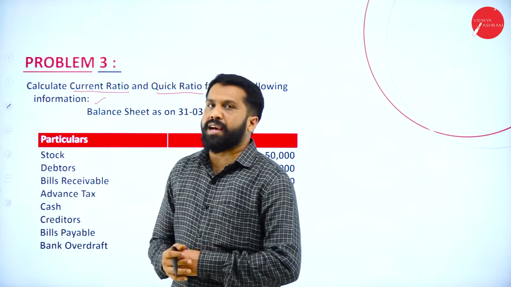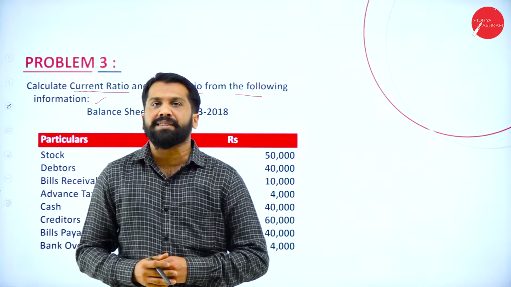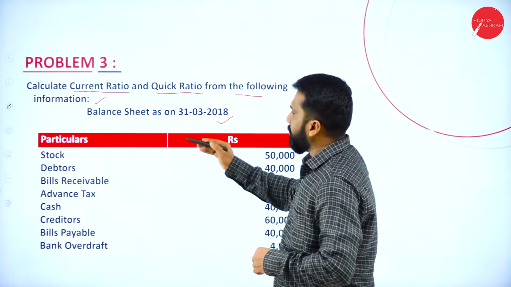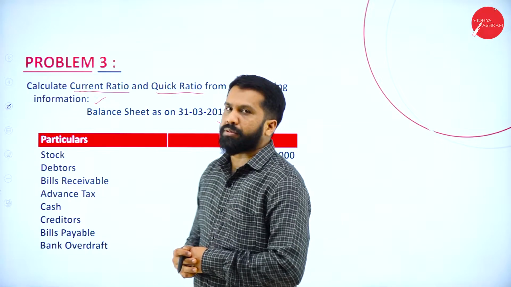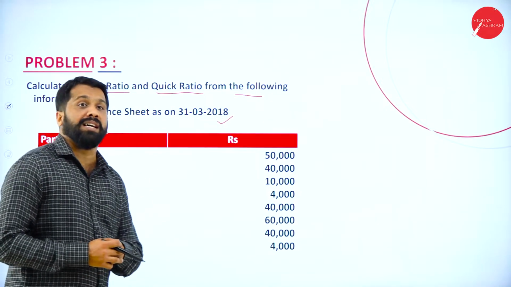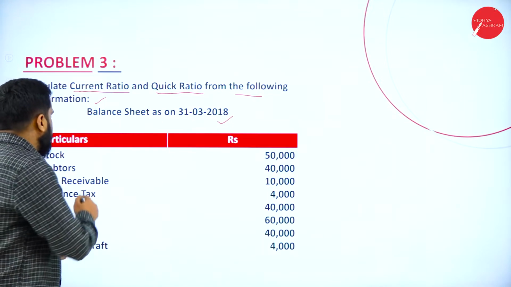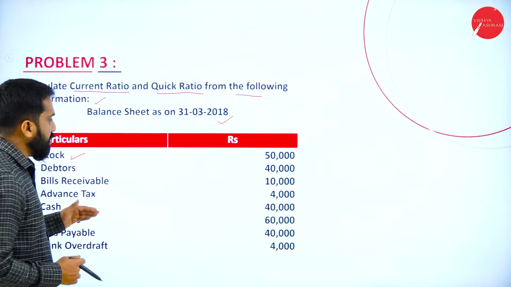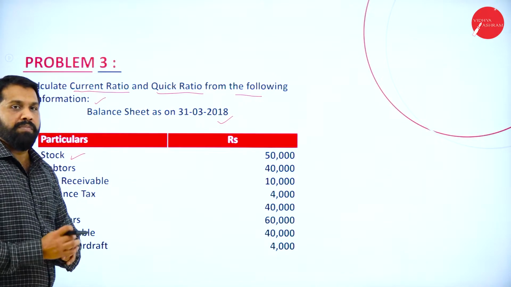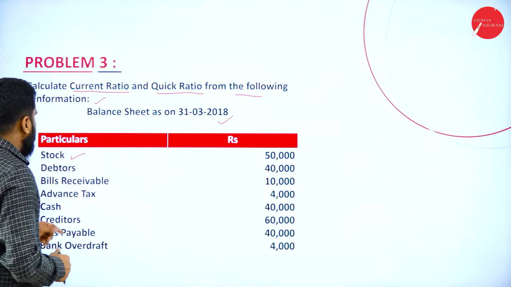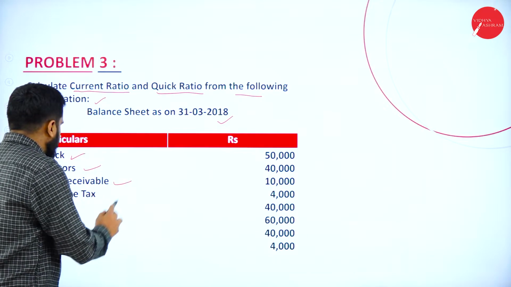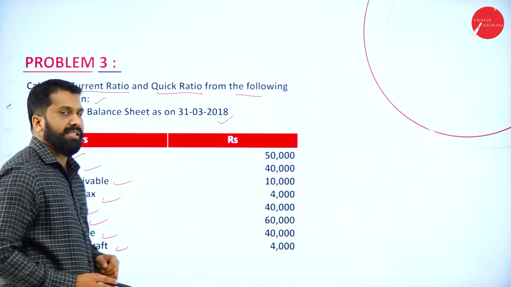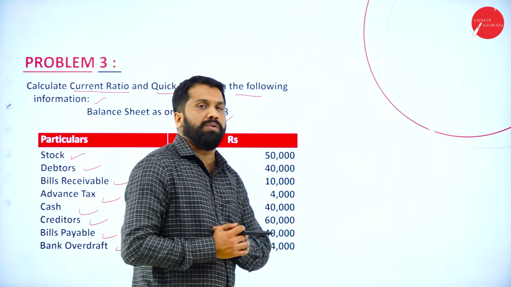Under this balance sheet they have given the particulars as well as amounts. The first one is stock, second debtors, bills receivable, advance tax, cash, creditors, bills payable, as well as bank overdraft.